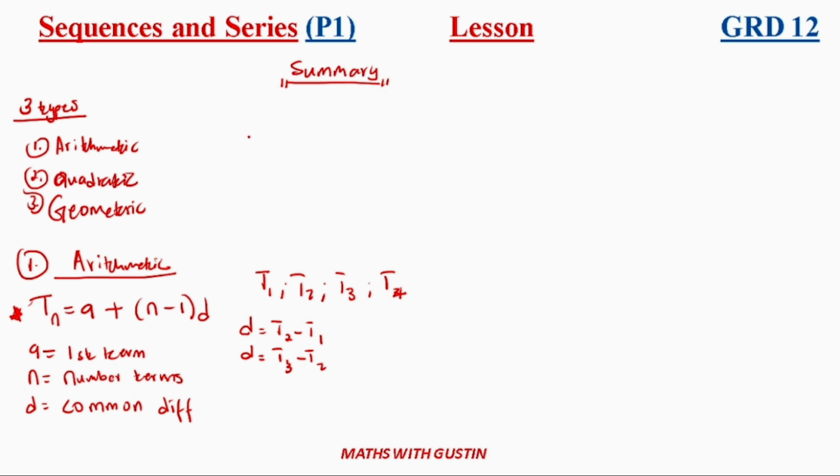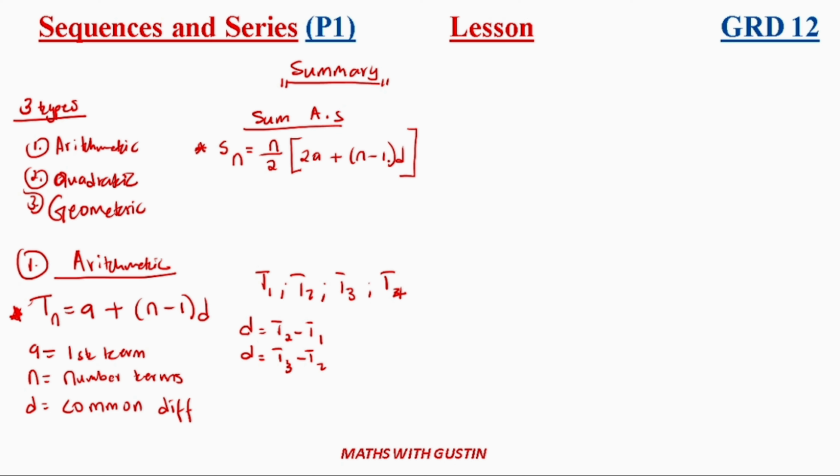Still under arithmetic sequence, we have the sum of an arithmetic sequence. AS will stand for arithmetic sequence, guys. So the sum of an arithmetic sequence is given by Sn, which means the sum to the nth term, equals n over 2 in square brackets 2a plus n minus 1 close bracket d.